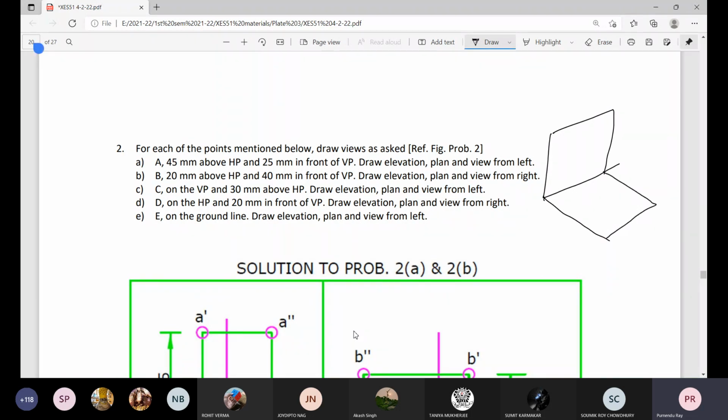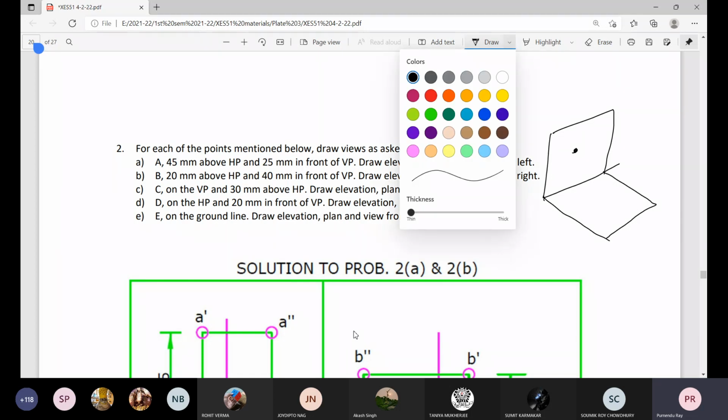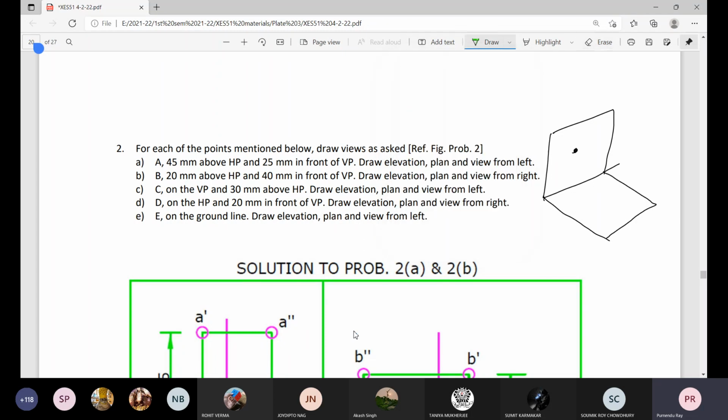Now the point is located on the vertical plane and 30 millimeter above HP. So this is the point on the vertical plane and its view from top is here.